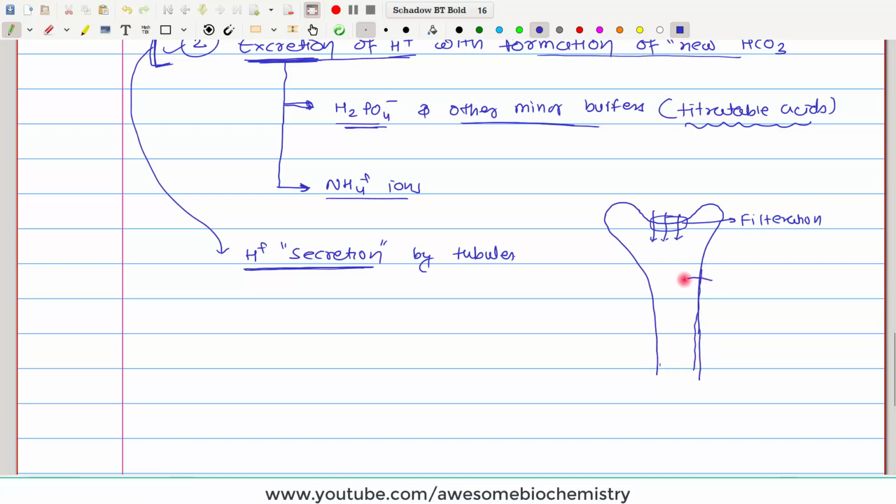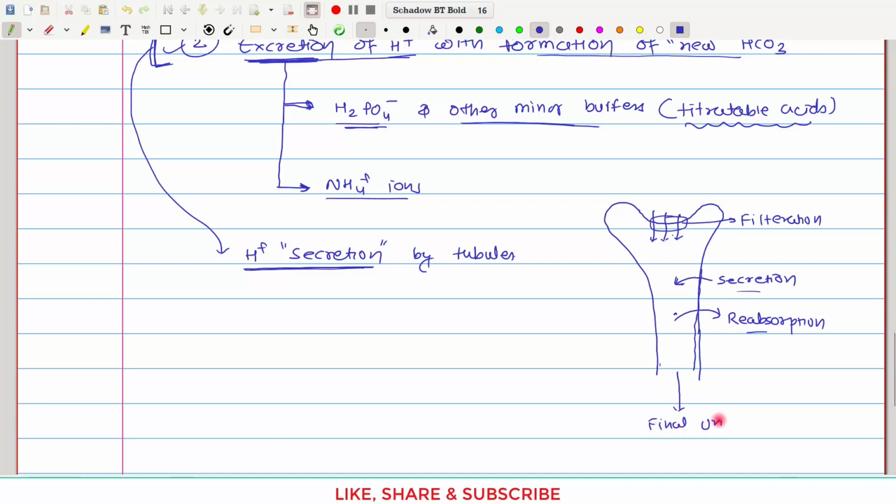If something is transferred from the tubular cells to the lumen, we call this process secretion. If something is transferred from the tubular lumen back to the tubular cell, we call it reabsorption. And after filtration, secretion, reabsorption, whatever is left appears in the final urine that will be excreted out. So this process is known as excretion.